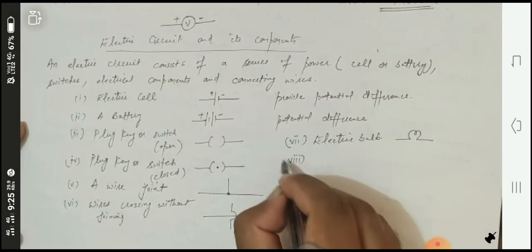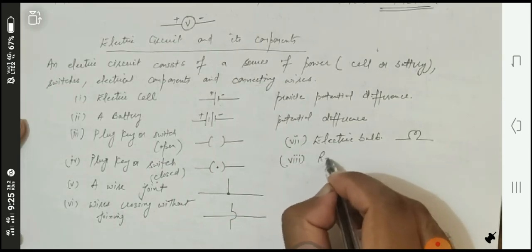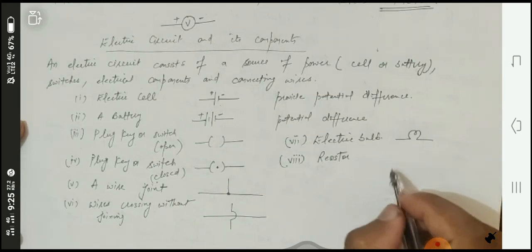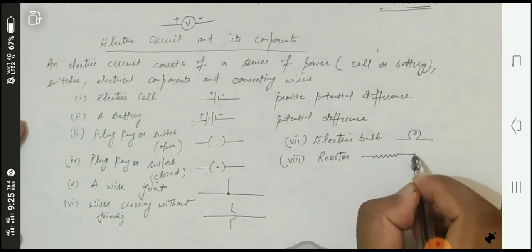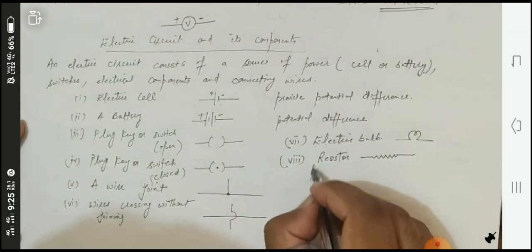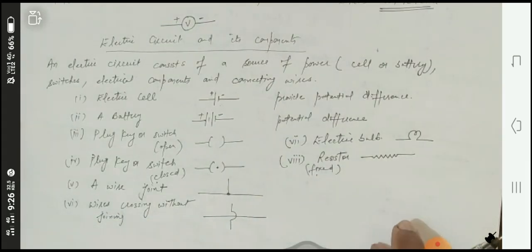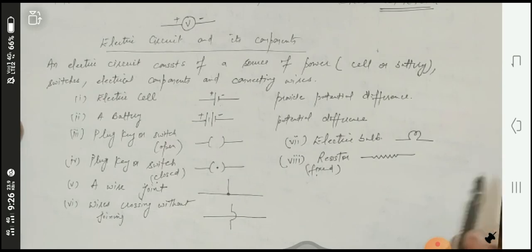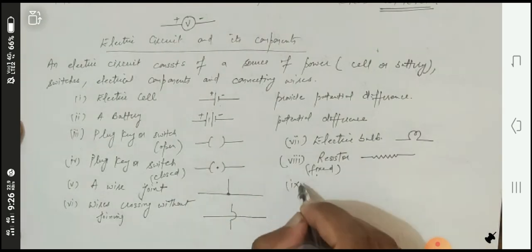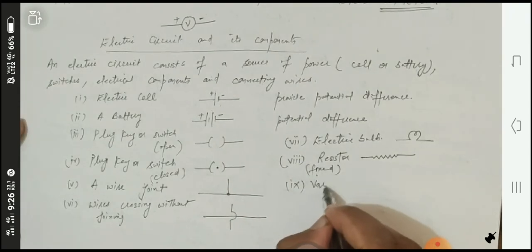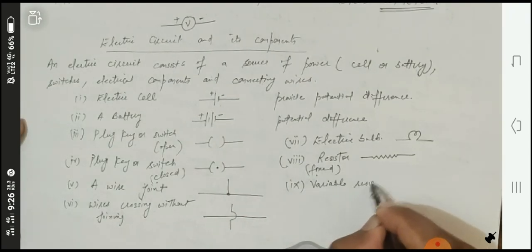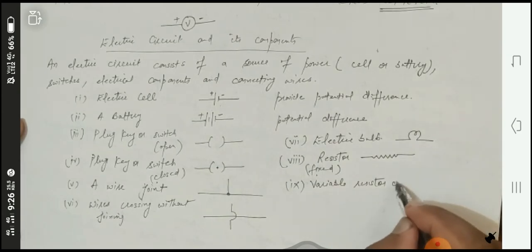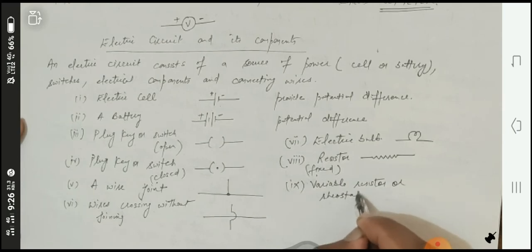Next, that is a resistor. The symbol is this. This is known as fixed resistor. Fixed means its resistance will not vary. This is known as resistor that resists the flow of charge, which provides the opposition to the flow of charge. Next one is variable resistor or rheostat.